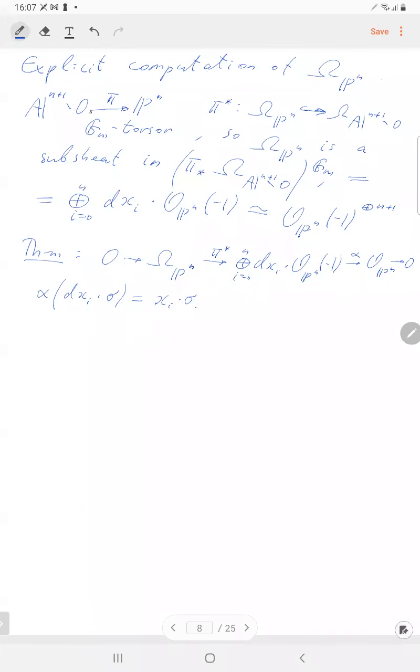The coordinate function xi has degree 1. The section has degree -1 because it's O of -1. And so their product has degree 0, so it's just a function, as stated.